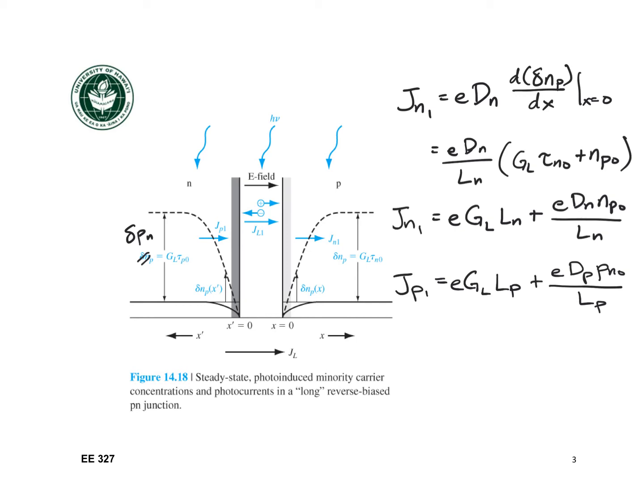From these two equations, we can see that the second term in each one of these equations is part of the ideal saturation current density, and the first term in each of these two equations is proportional to the generation rate of the charge carriers due to the light shining on the photodiode. So these first two terms are going to become part of the photocurrent density.